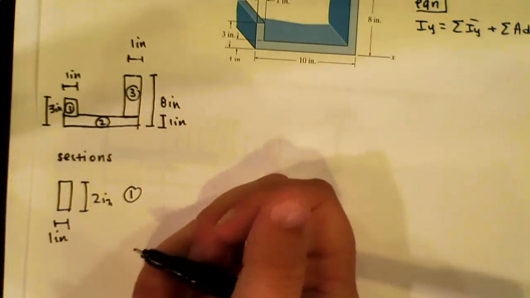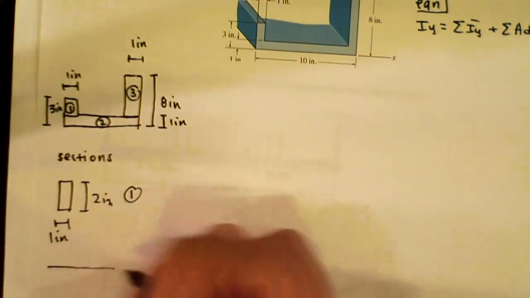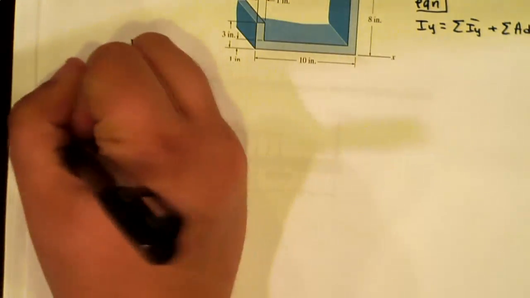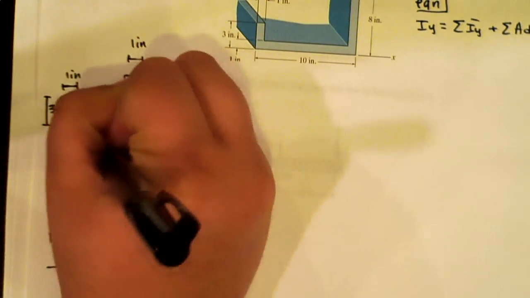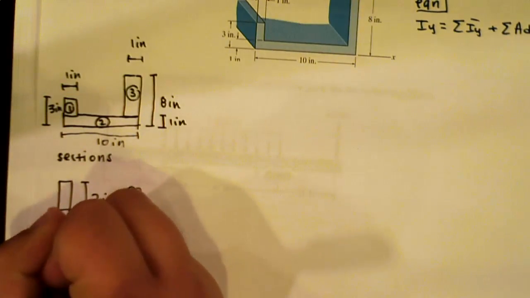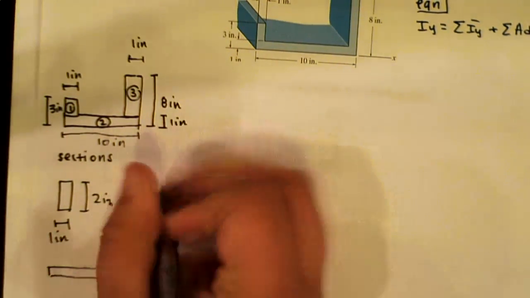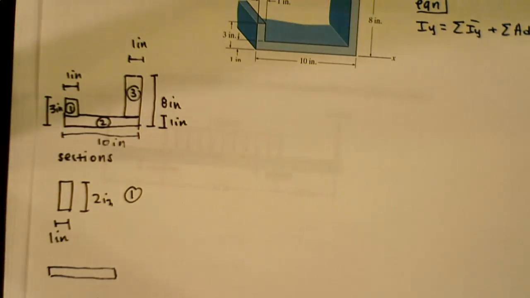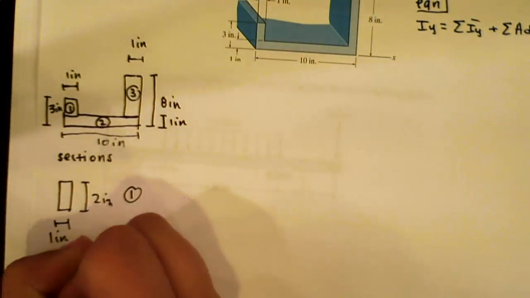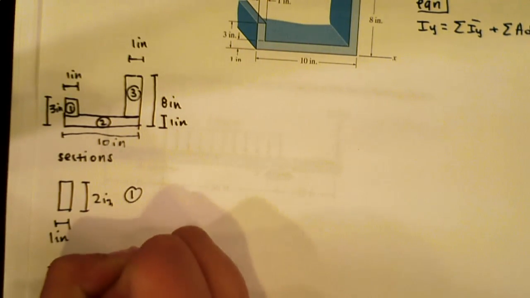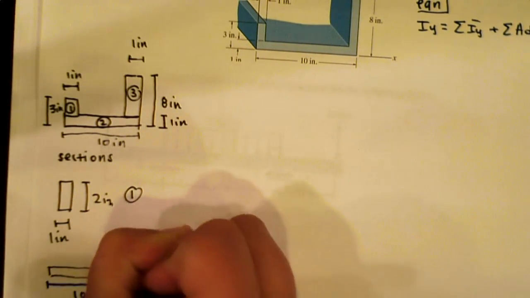For section 2, it's going to be 10 inches, and it's going to be 1 inch high.